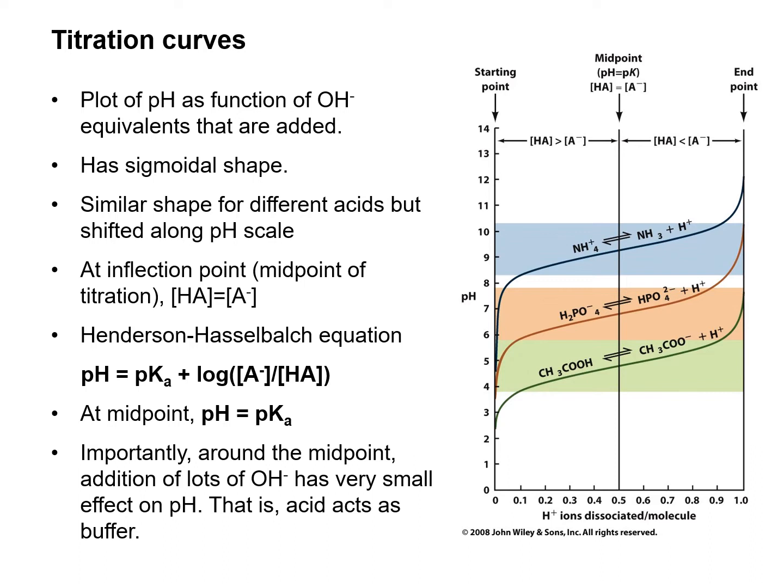So here we actually talk about the titration curves. And we talked about the pH and pKa relationship here by the Henderson-Hasselbalch equation. Also the midpoint is where the pH equals the pKa, or the concentration of acid is the same as the concentration of the conjugate base.